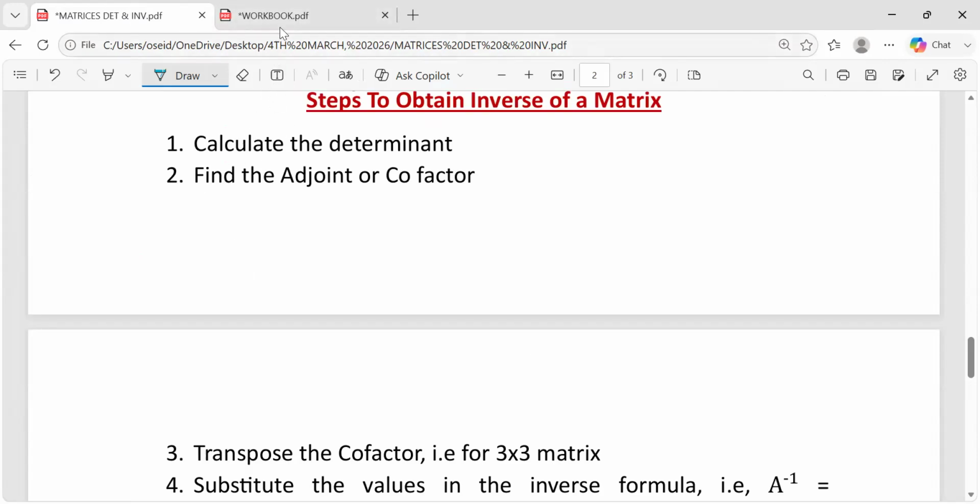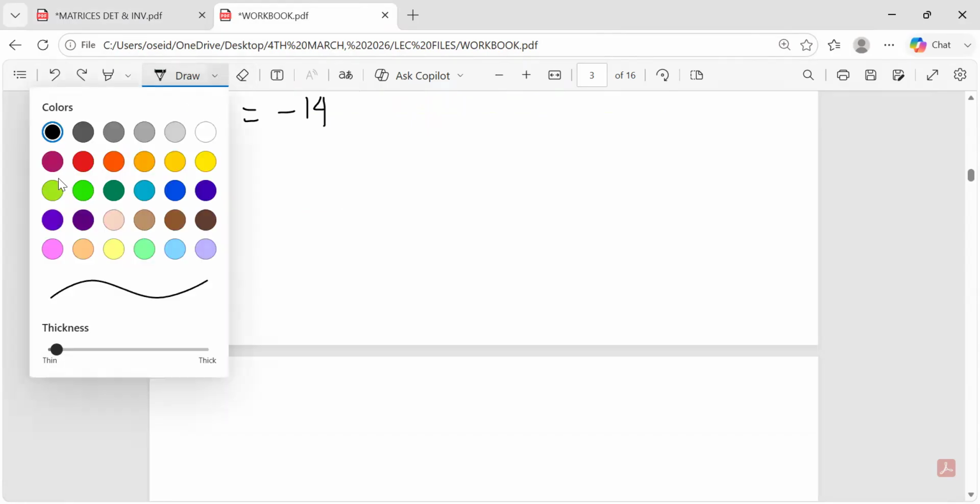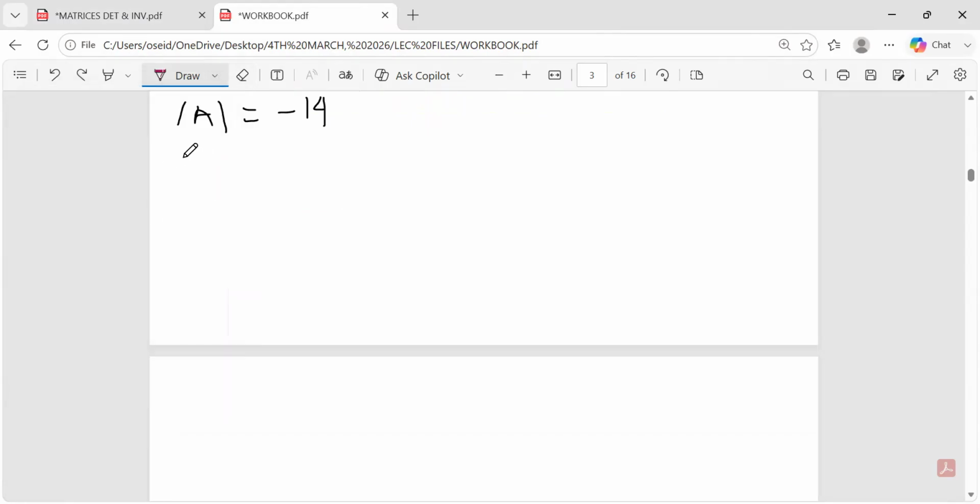Step two: adjoint A will be equal to what?